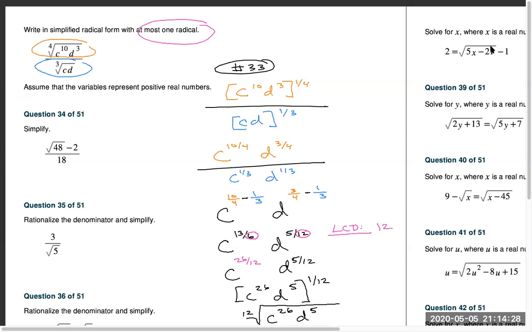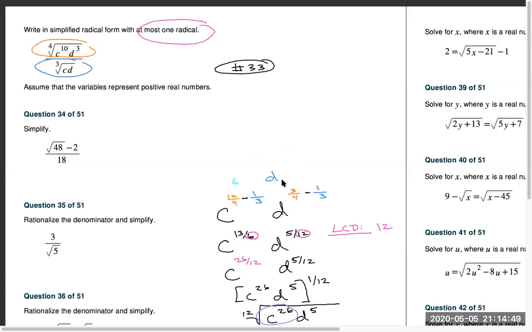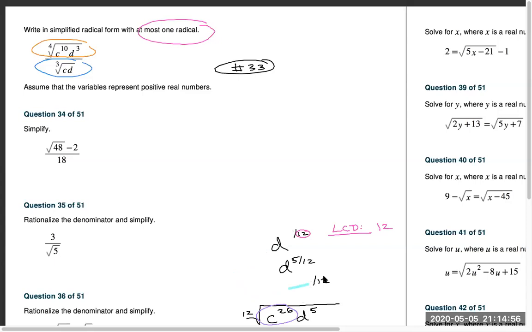Now, unfortunately, we're still not done with this particular problem because we can simplify the C to the 26th. There is a perfect 12th in here, at least one. Let me erase this and drag this up.